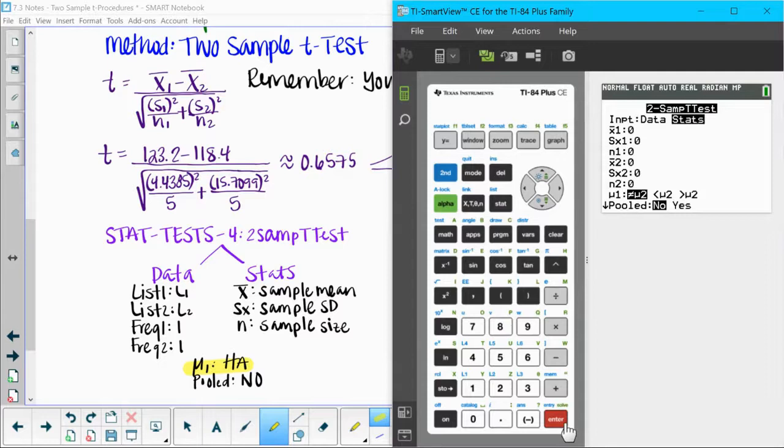And in this instance, we have data. And I have my data in L1 and L2. Frequencies we're going to leave at 1. And we are claiming that mu1 is greater than mu2. And we're going to calculate. And we should get something very close to our answers, which we did.